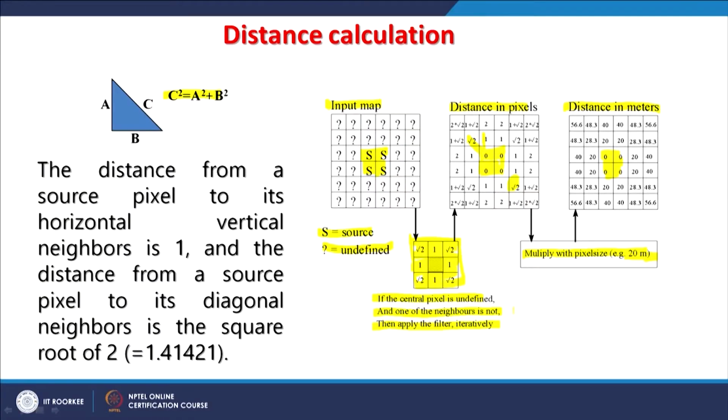That means we will move this filter, or matrix, or roving window throughout the data, and then the calculation will be done. The only problem in such scenarios when we use a roving window, which is not shown in this schematic, is on the borders. One thick pixel on the right side, one on the left side, same in the bottom and top, there will not be any calculations, because beyond this you do not have the input data. Anyway, that way you can find out the distance.